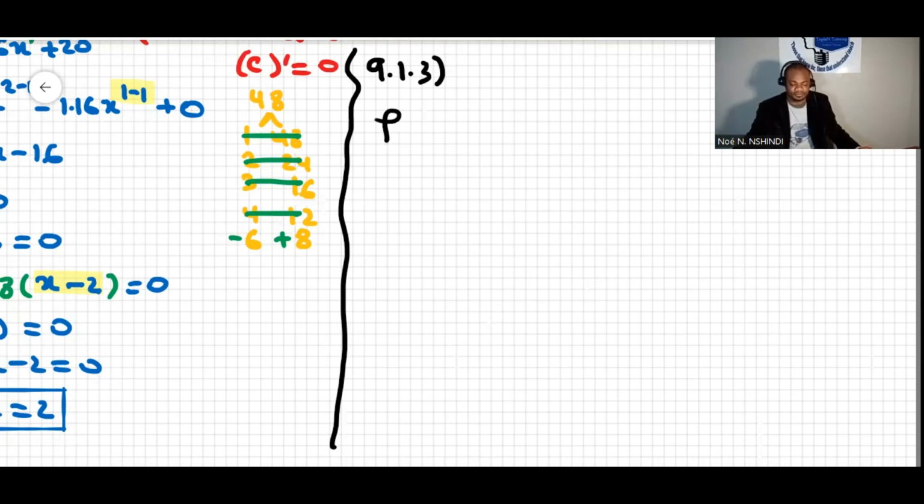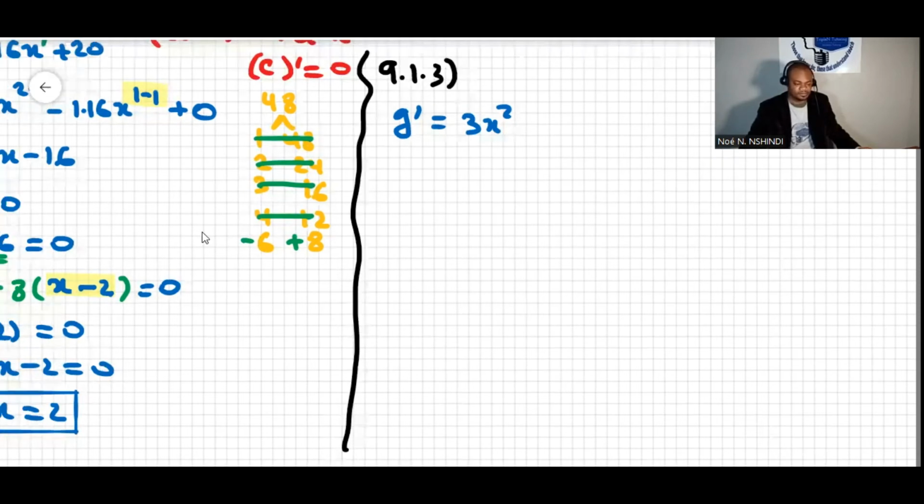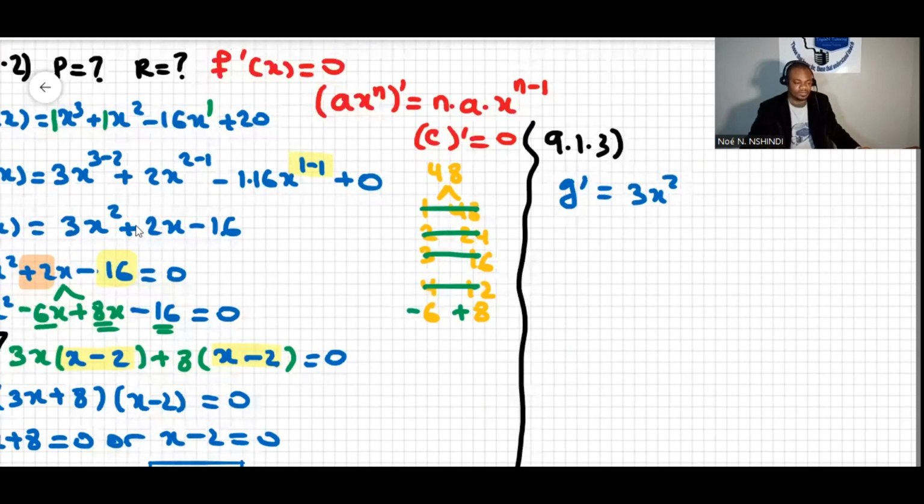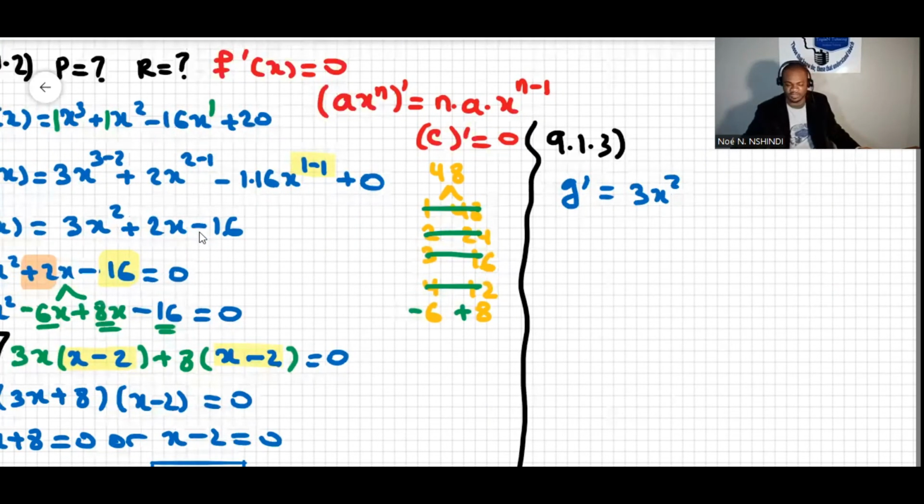We already found G prime in the previous question, and G prime was equal to 3x squared plus 2x minus 16. That was the first derivative.